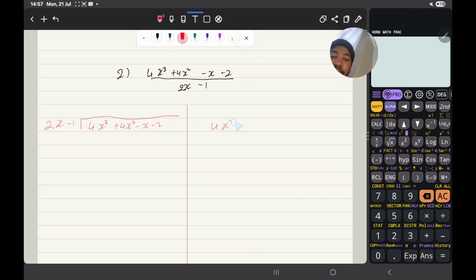4x to the power of 3, 2x, that is 2x squared. You multiply, then we subtract. You get 0. Here you're gonna get 6x squared, then minus x minus 2.